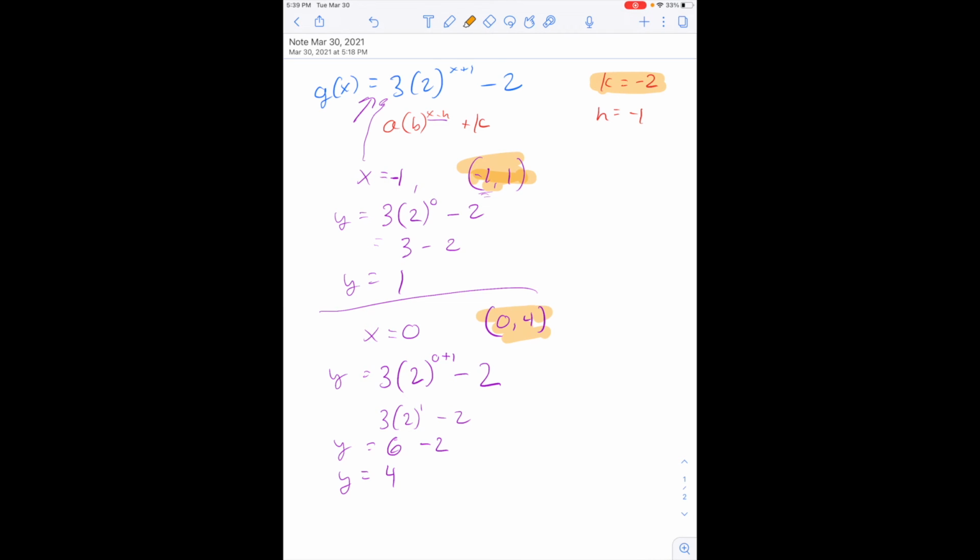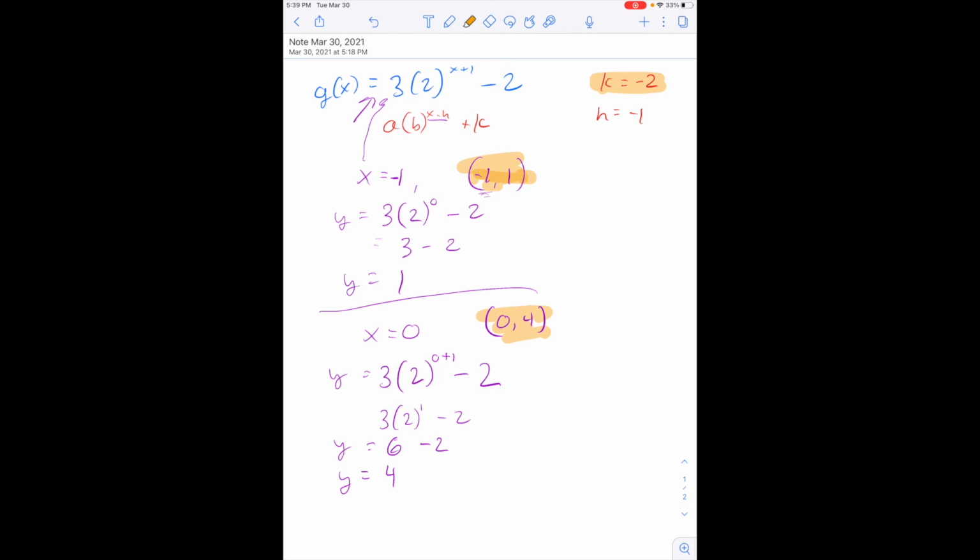You're going to pick the graph that has an asymptote at -2. One of the options has +2, the other 3 have -2. But then you're going to pick the graph that has these 2 points in it that we've already talked about. So you'll have one point at -1, 1, and then another point at 0, 4, which is also the y-intercept.